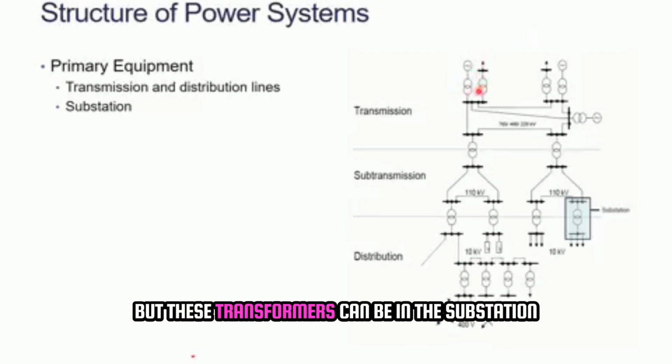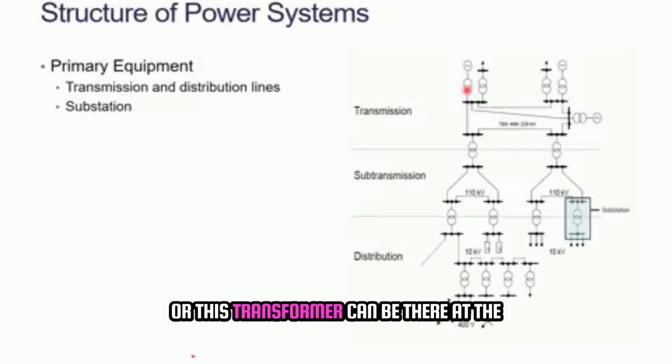But these transformers can be in the substation at the transmission bus, or this transformer can be at the generator location or at the load location. It depends on how the designer or the planning has been done for these lines.